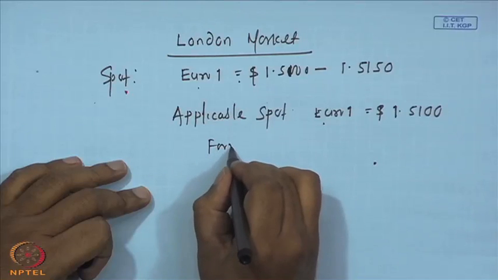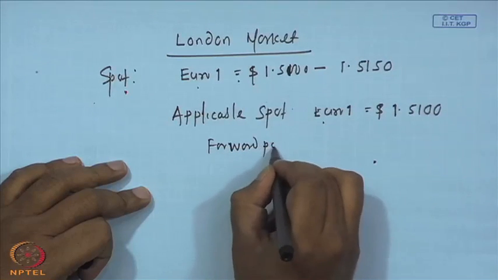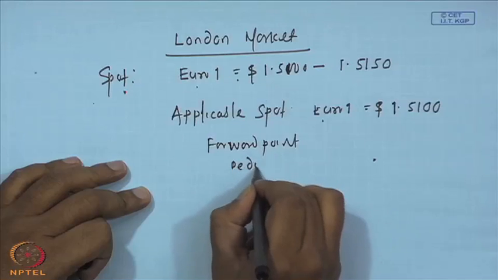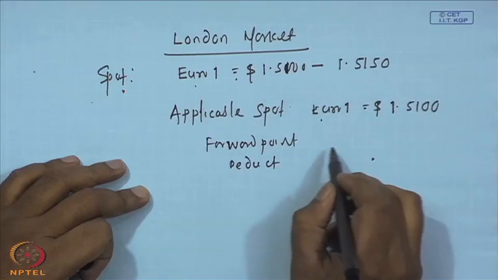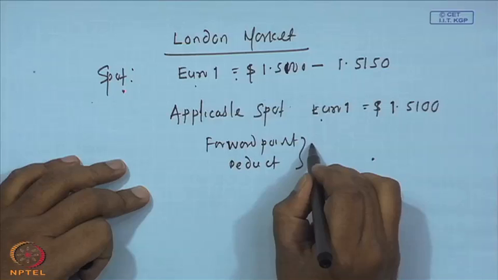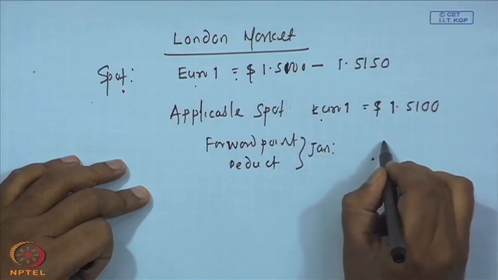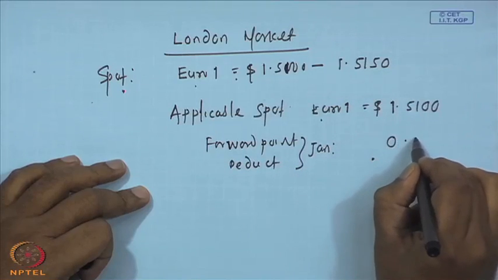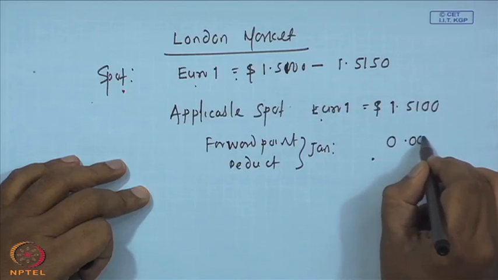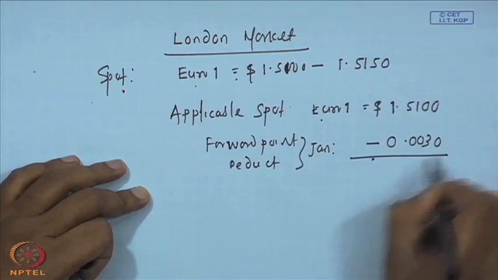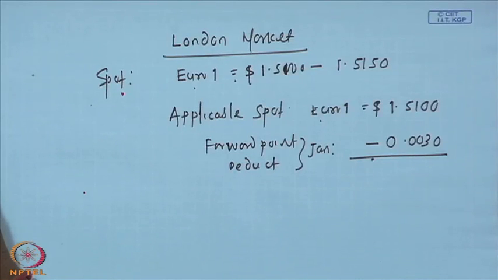So I have to deduct the forward points for euro and dollar. How much do I have to deduct? The January month premium, which is 0.0030. I have to deduct it. When I deduct, what am I getting out of that?